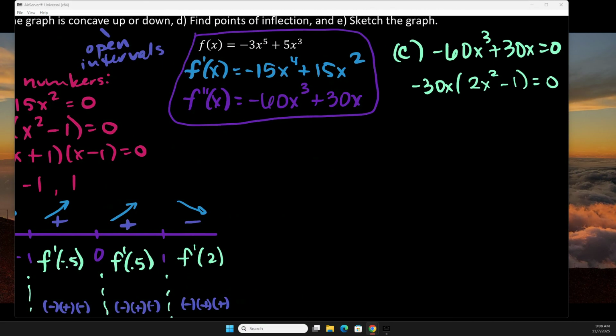Okay, so definitely 0 for the outside one. 2x squared minus 1 won't really factor, I mean it would with a radical. We'll just set it equal to 0 and solve it.